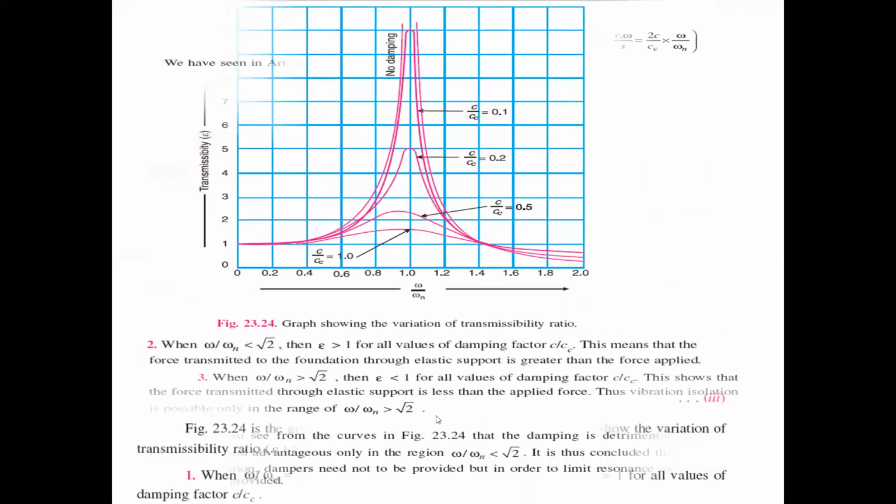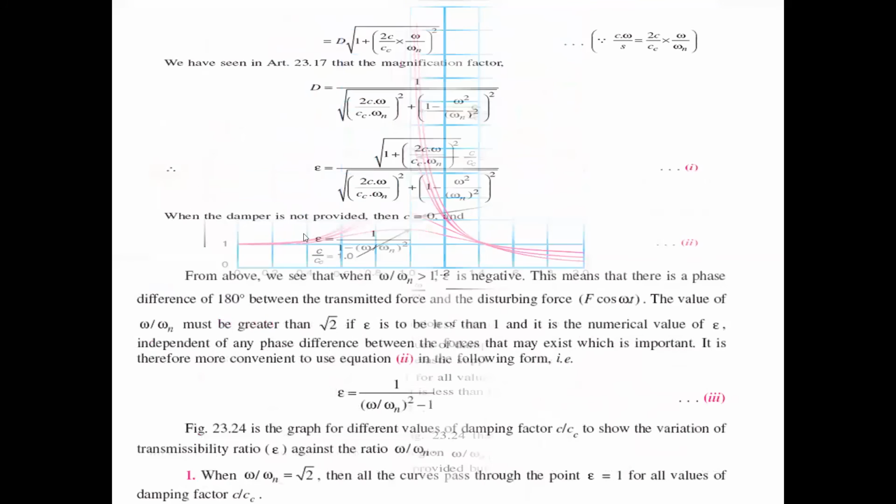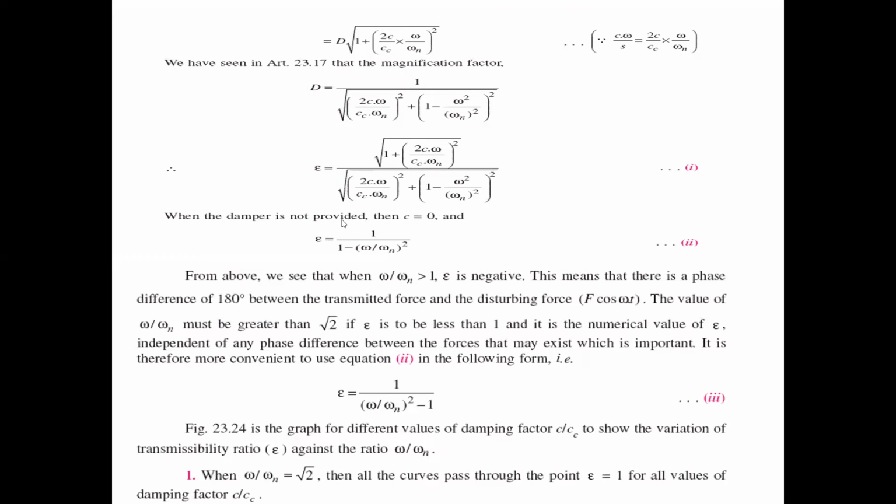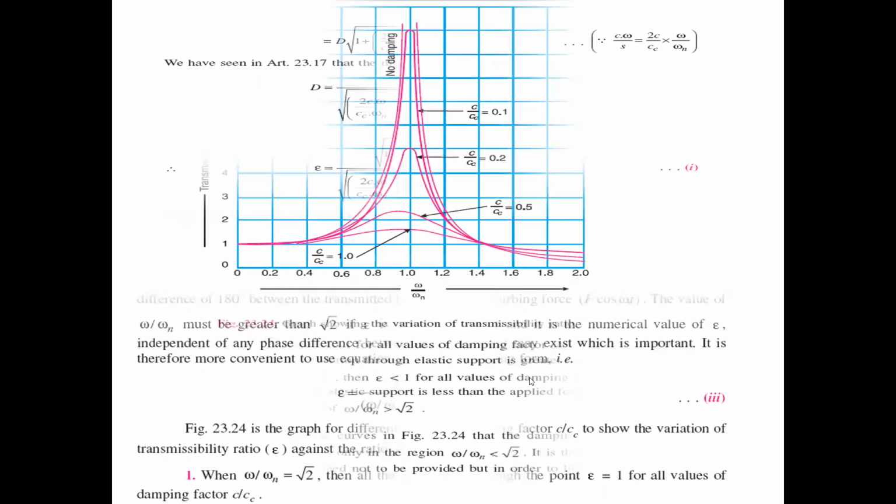When the system does not have a damper, the formula is small e equals 1 by omega n square minus 1. That is important.